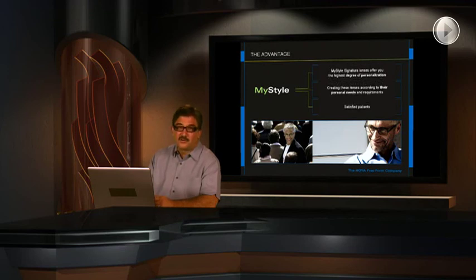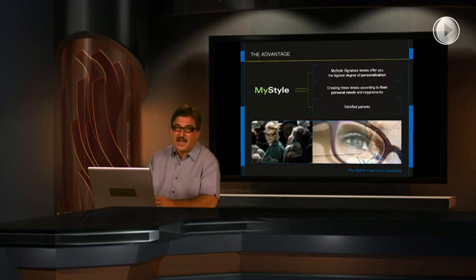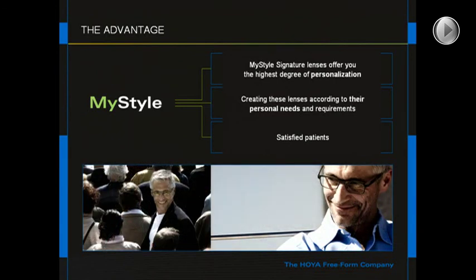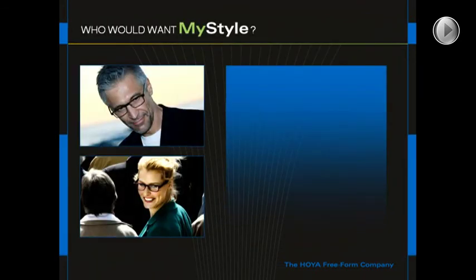The highest degree of personalization of any optic that is available right now, creating a lens according to the patient's wants and needs, and very satisfied patients. That is the goal and the aim of the Hoya MyStyle.